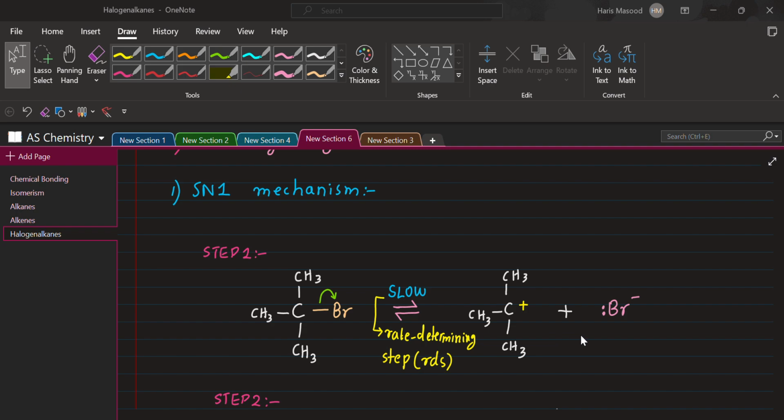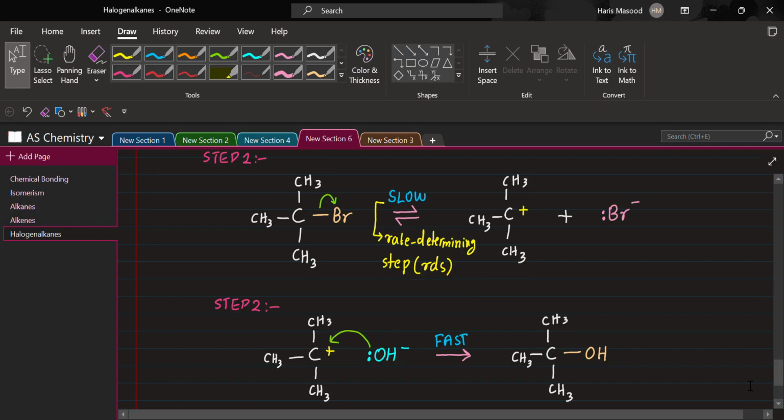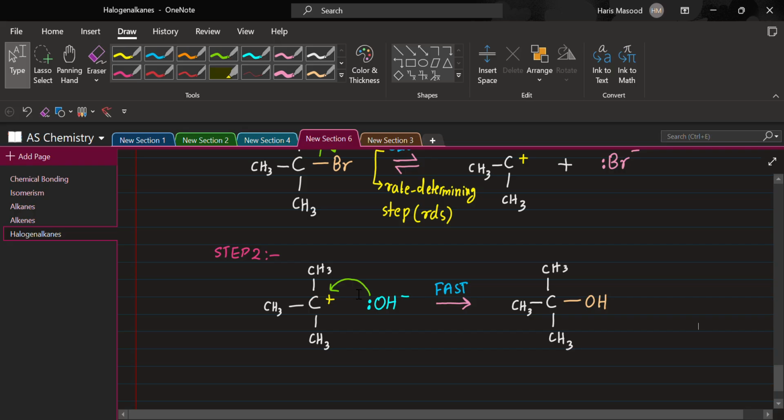So the Br gets separated with the lone pair, and this becomes a carbocation. Now this is a tertiary carbocation. What happens in step 2? The OH, which is a nucleophile, is attracted because it is always looking for a region of positive charge.